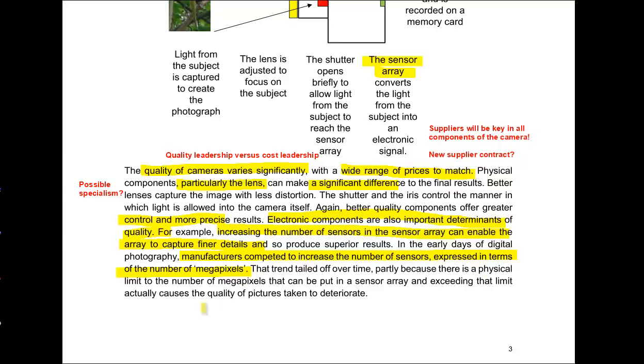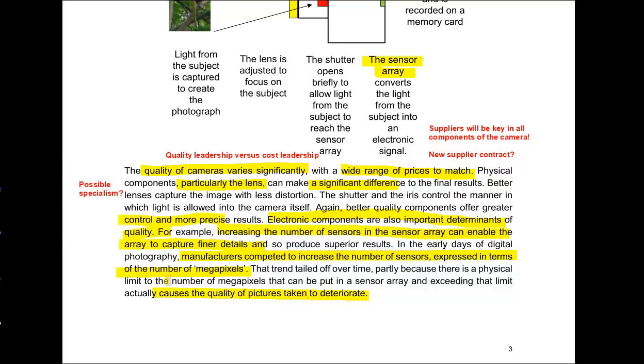The problem here, it says, is that the physical limit is that exceeding the limit actually causes the quality of pictures to deteriorate. So again, perhaps it's high volume, but you can't jam too much into it. And that will mean that actually, in terms of picture quality, there is a limit.